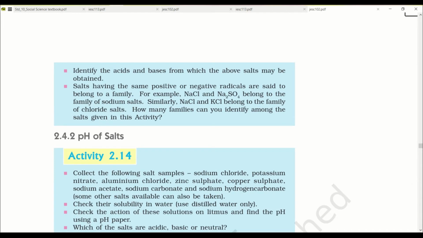Salts having the same positive or negative radical are said to belong to a family. For example, sodium chloride and sodium sulfate belong to the family of sodium salts. Similarly, sodium chloride and potassium chloride belong to the chloride family.